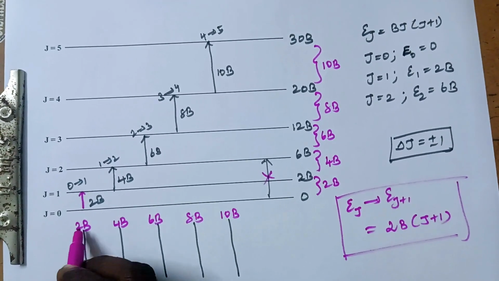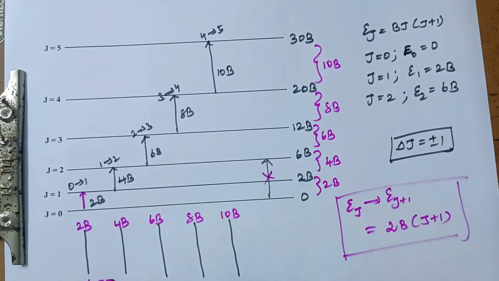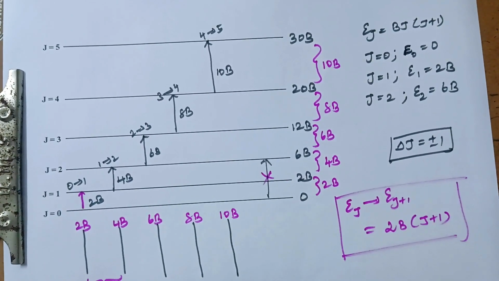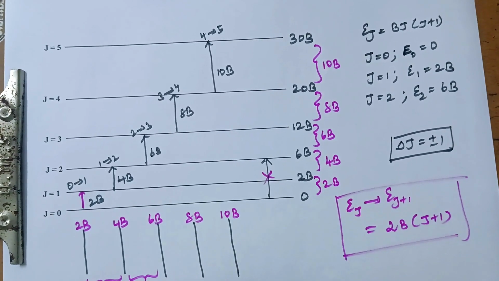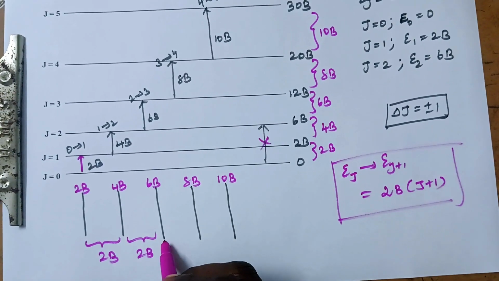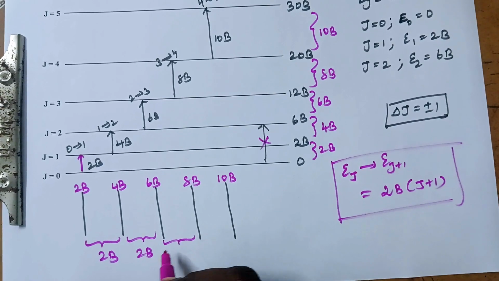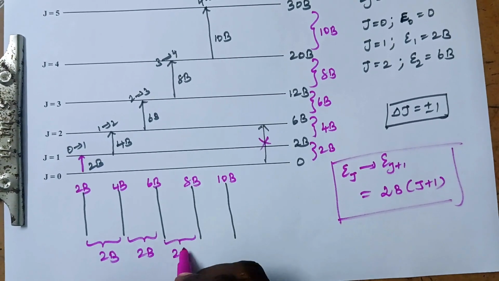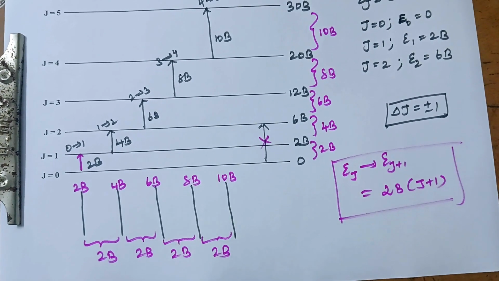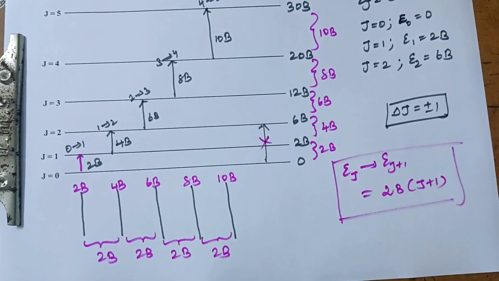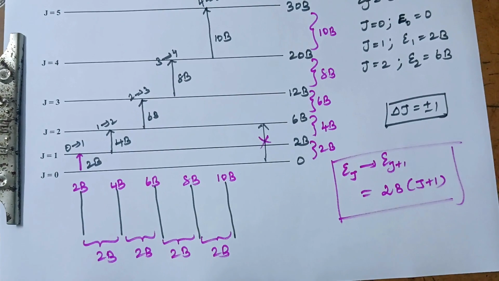So what is the difference? Between 2B and 4B, the gap is 2B, and between 4B and 6B, 2B. Between 6B and 8B, the difference is 2B. Here also 2B. So in the rotation spectrum, the gap between the lines is 2B.